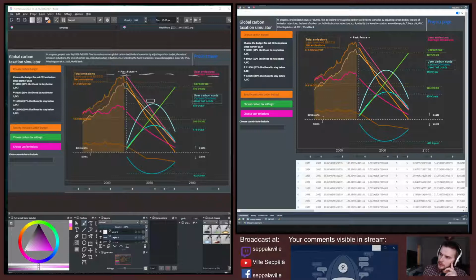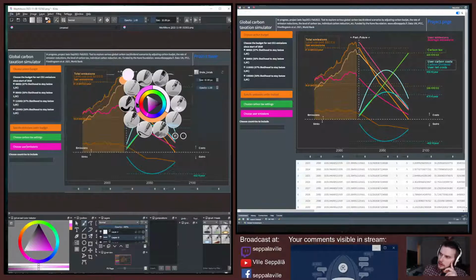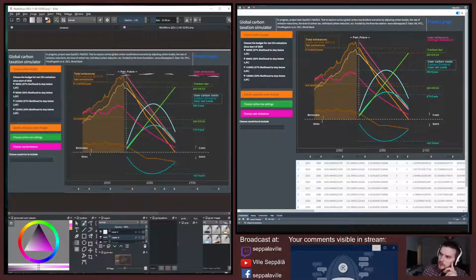Because we have these four different scales, this would also scale so that the maximum would be here instead of here, and for the taxes as well, the maximum would be here instead of here, and so on. Something like that.